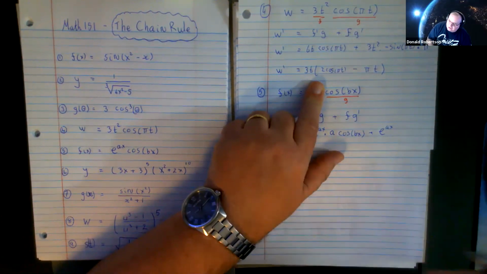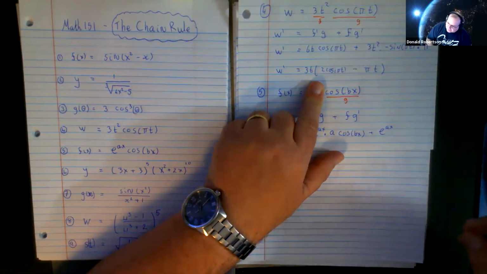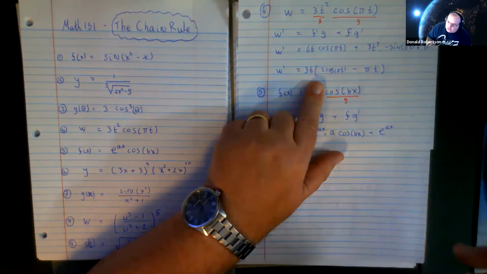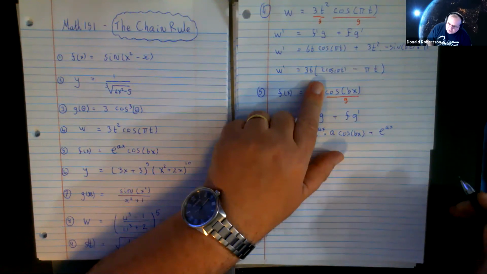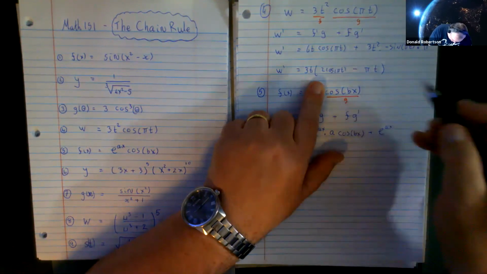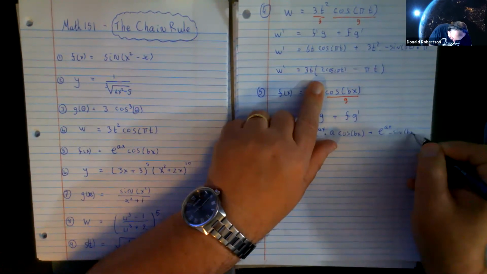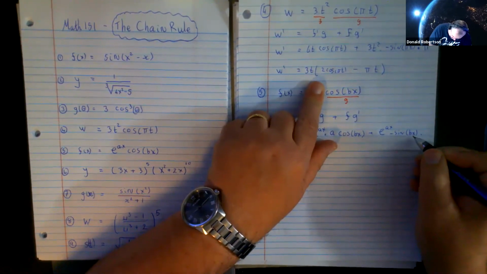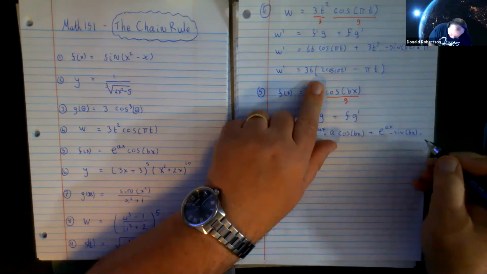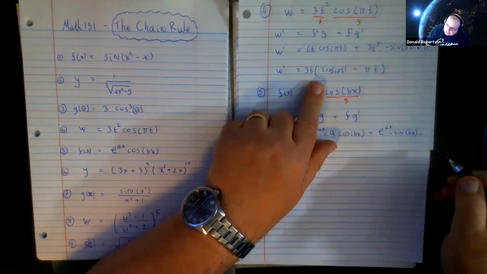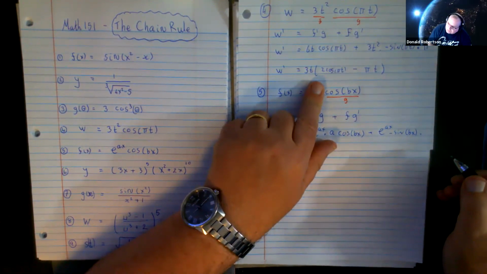A, B, C's tend to represent fixed numbers. So b is like 2 or something. If you want to differentiate the cosine of something, you get negative the sine of the something times the derivative of the something. And what's the derivative of bx? B. Yeah.